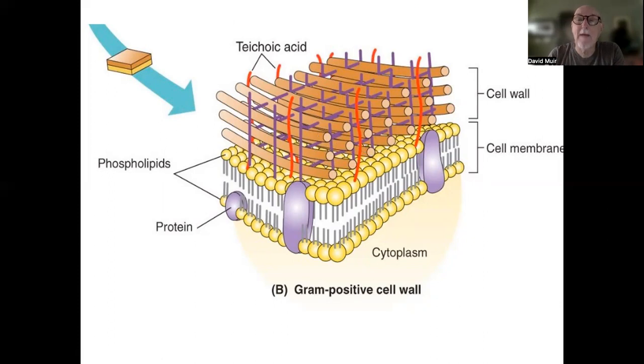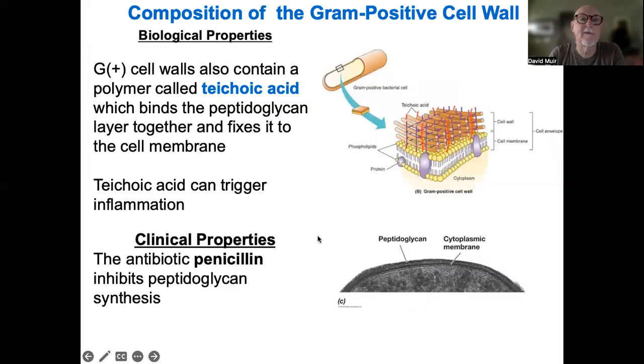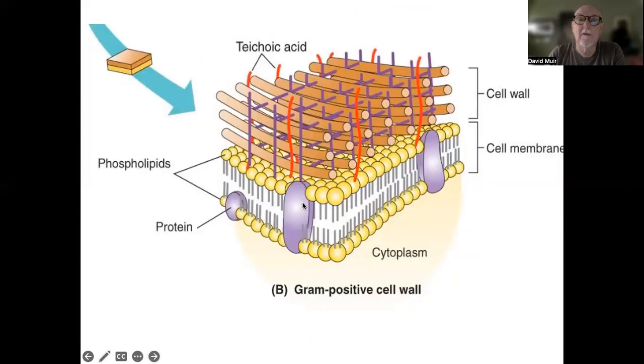So this is the gram-positive. Let me just see if I've covered everything. Yes. So this is what happens with penicillin. Penicillin stops all of these linkages being built up, or interferes with all of these linkages on the peptidoglycan. And so the peptidoglycan sheets simply don't form, or they break down.